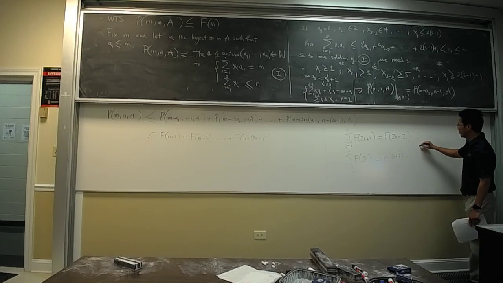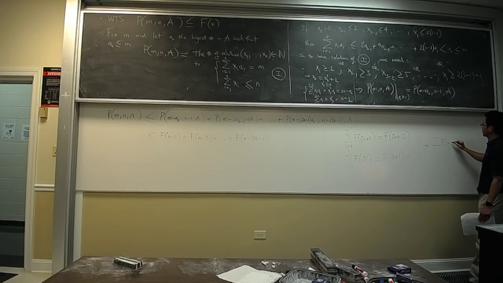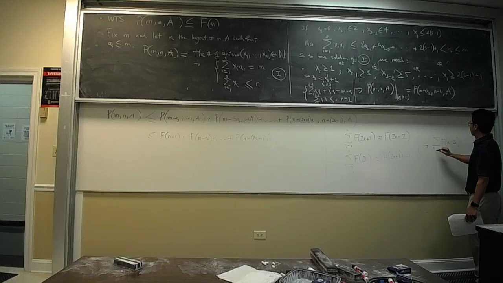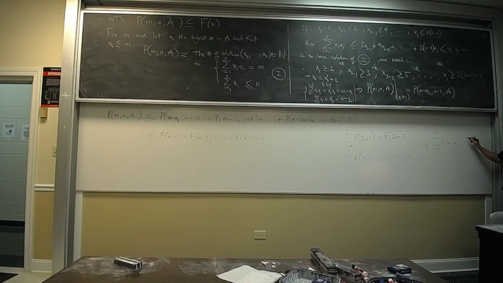Okay, so basically the two equalities here imply that if you do the sum of f sub n minus 2i, with i going from 0 all the way up, it's going to be less than or equal to f sub n plus 1.